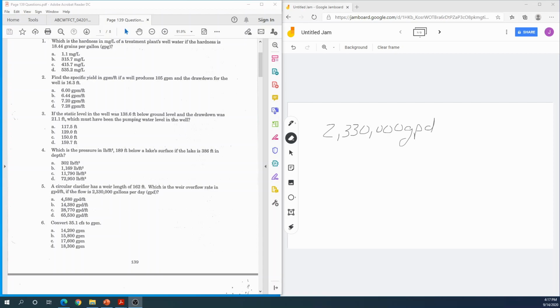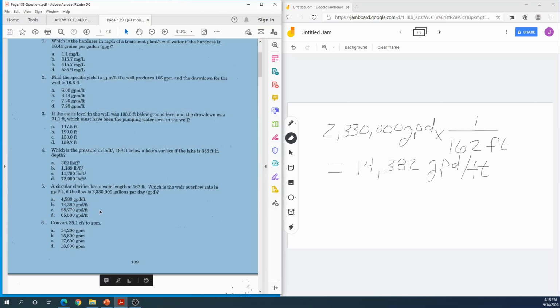So we take our flow, divide by our weir length in feet. And this is going to give us 14,382 gallons per day per foot. And that's going to line right up with answer B, 14,380.